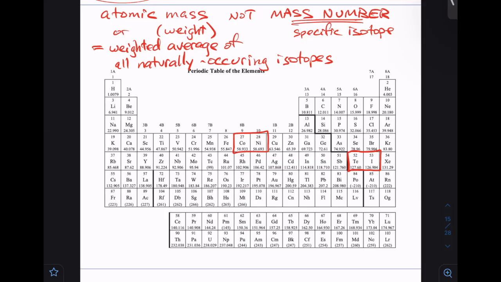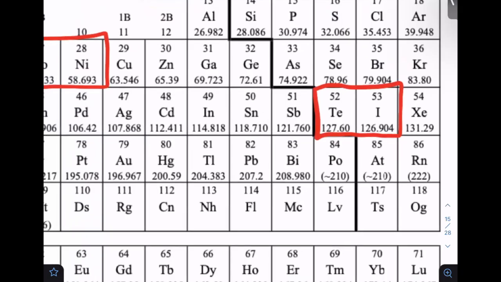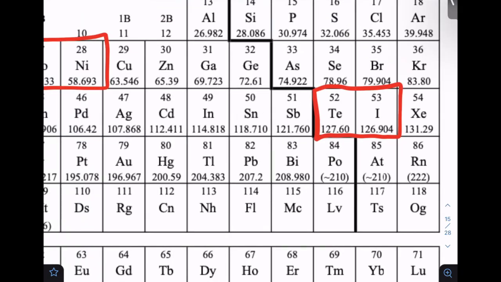Now I've circled two cases. Tellurium and iodine was the one I showed you in Mendeleev's time, where the atomic masses are actually not in order. We have tellurium at 127.6 and then iodine at 126.9. But our modern understanding of the periodic system is based on the number of protons, not the atomic mass.